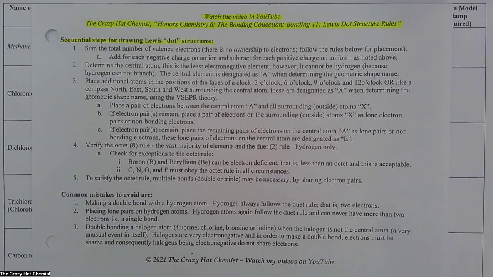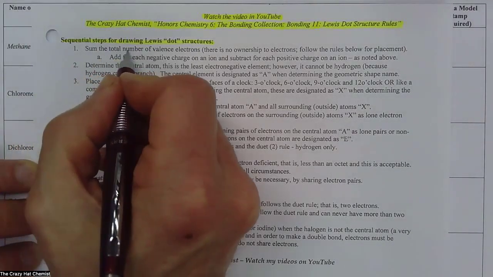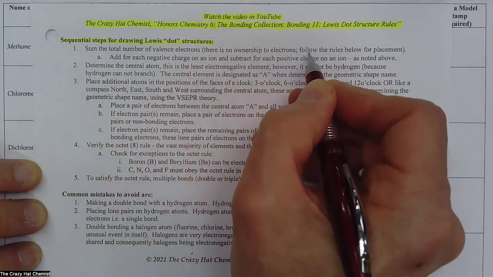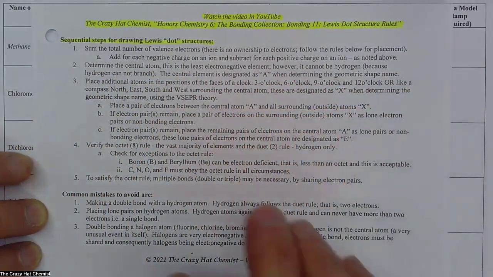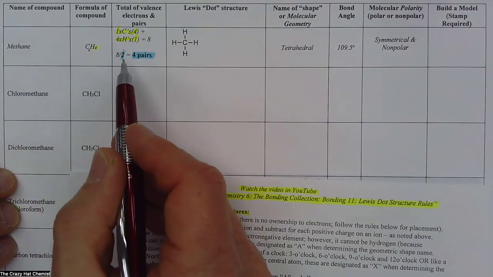So here we go. The first thing that you're going to do, step number 1, says sum the total number of valence electrons. There is no ownership to electrons. Follow the rules below for placement. So that means that I just summed up the total number of valence electrons.